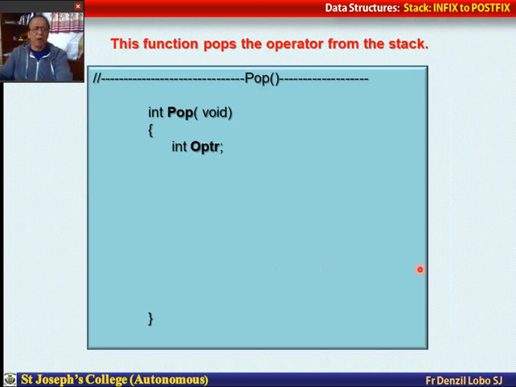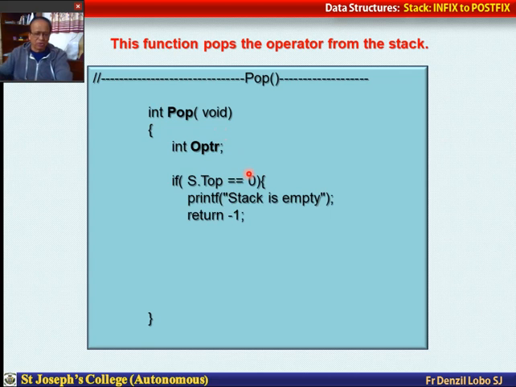Next function is pop. I've got a local variable called operator. So I want to pop an operator from the stack. First I check whether top is equal to 0. That means if it is equal to 0, it is going to be an empty stack. There are no operators at all, because we initialize the whole stack to 0 before we proceed with this problem.